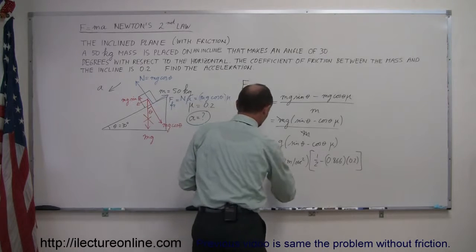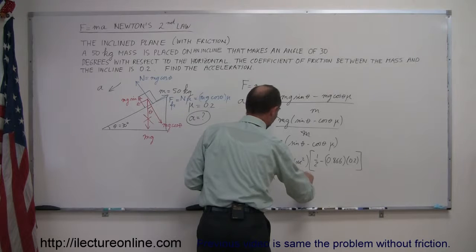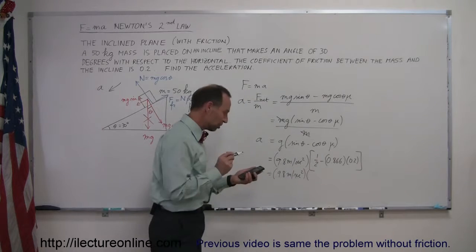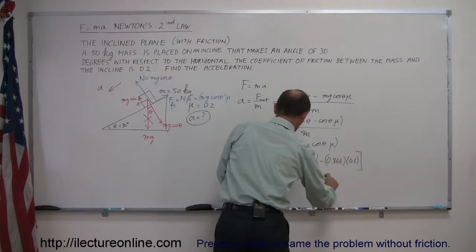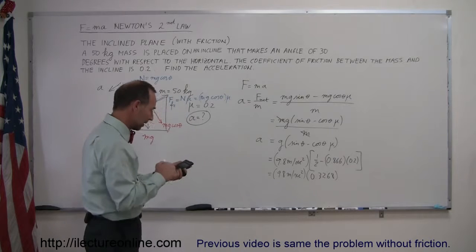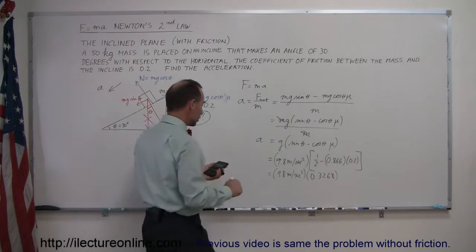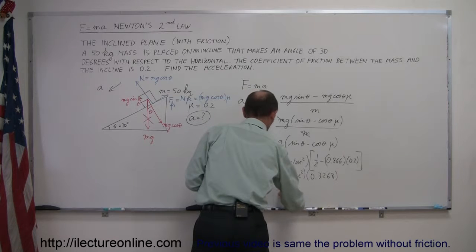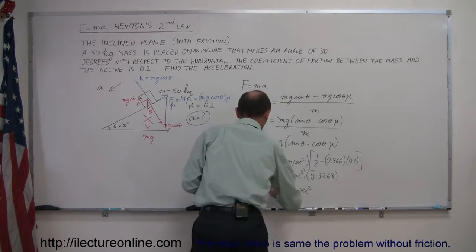Okay, so this is equal to 9.8 meters per second squared, and you can check this out with me. You should get, for that, 0.3268, rounded off to 4 significant figures. Then we multiply that times 9.8, and the result would be 3.2 meters per second squared acceleration.